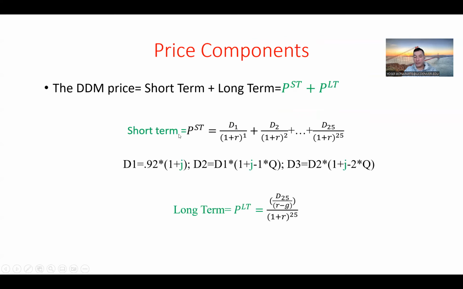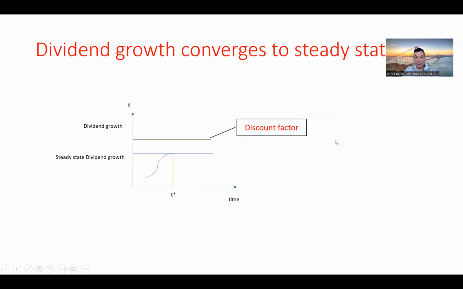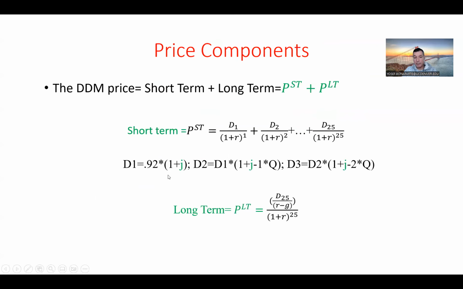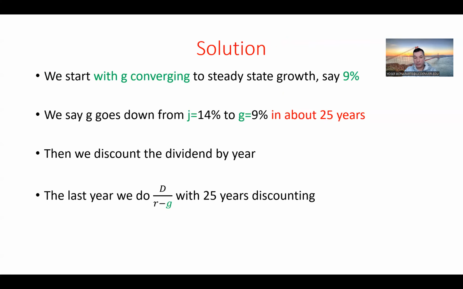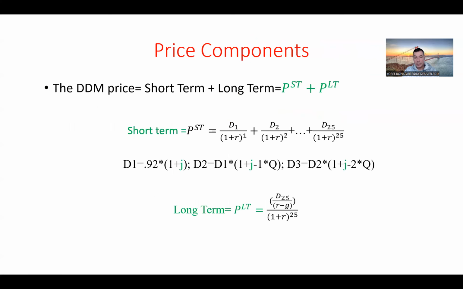The price in the short term is D1 divided by this, and so on, for all 25 years. That means we take this till T star. If 0.92 is the dividend now, then multiply by 1 plus G, where G is the current growth, which is above the discount factor.